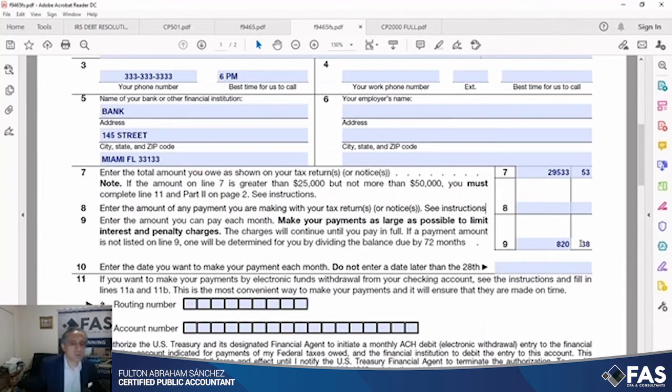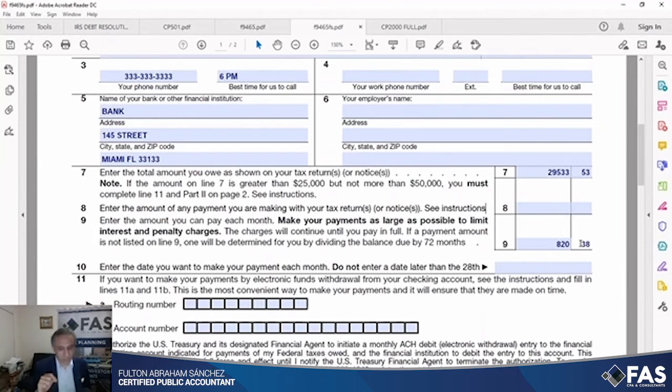The first one is to apply for an offer in compromise, as we said before, meaning that your budget, your income matches your expenses, and there is no amount left for anything else. Then you need to prove that to the IRS.